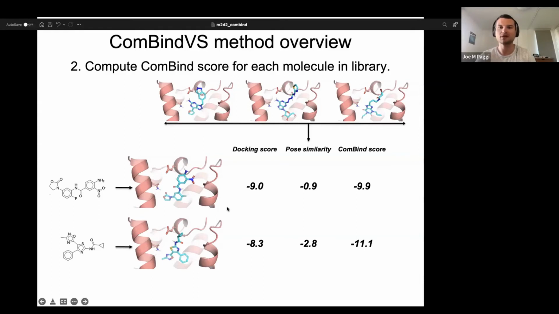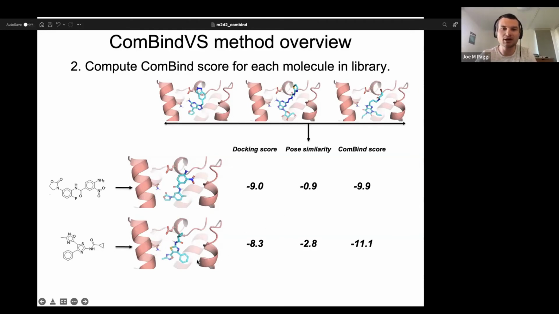So for instance, for this first ligand, our docking score is -9, and the negative log ratio of this ligand's similarity to these three sums up to -0.9. And then we'll simply end up with a combined score of -9.9. Interestingly, you can get ligands that have good combined scores either by having very good docking scores or high pose similarities.